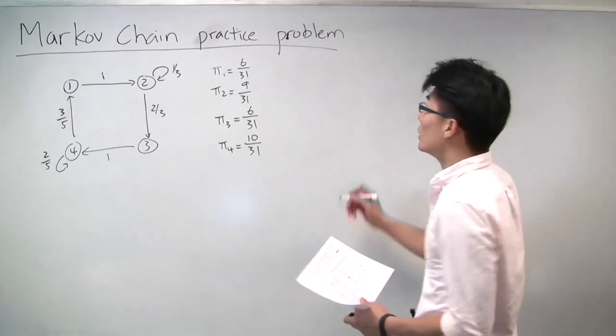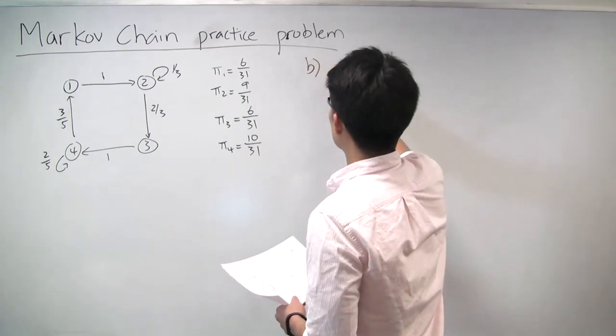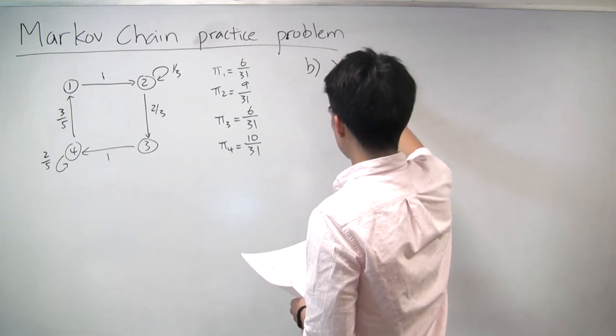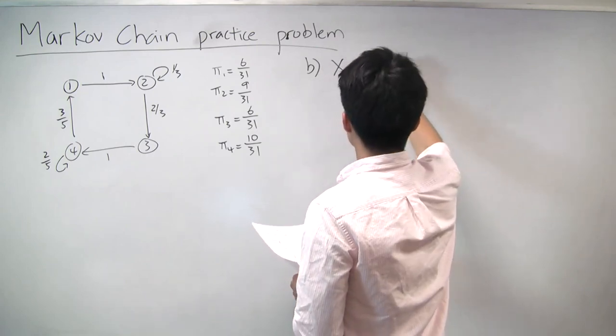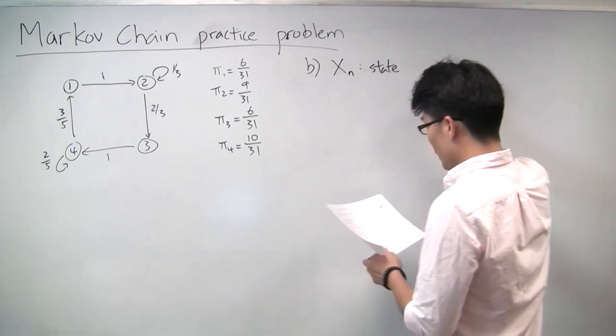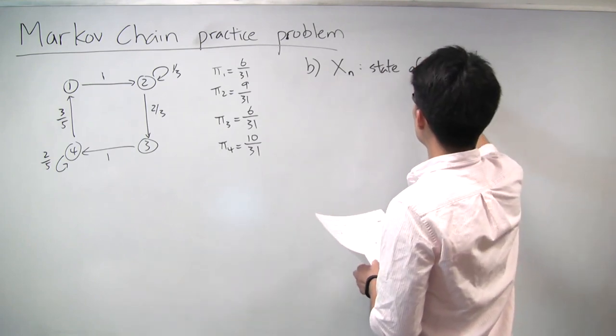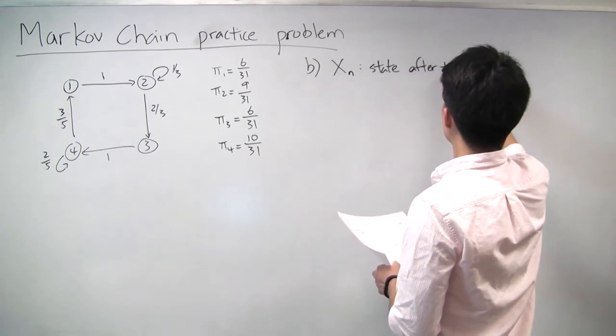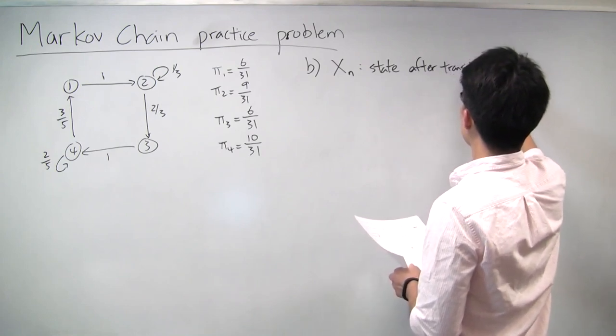Instead of saying that over and over again, let's define some random variables. Let's call Xn the state that you're in after transition n.